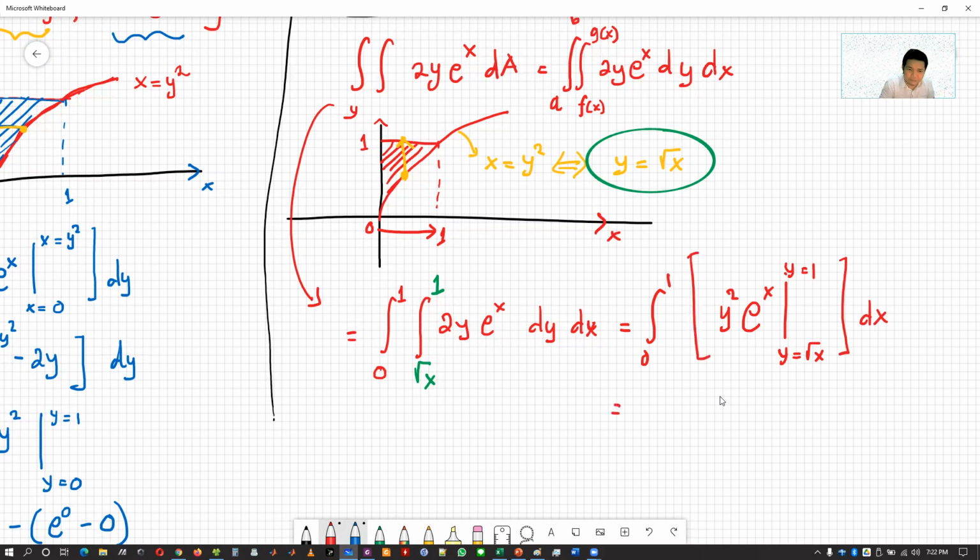So what do we have here? I just simply put it in the y. So this is 1 times e^x, okay, I will make some spaces here. This is 1 e^x, okay, minus square root of x, and then we square it, become x, so x e^x.